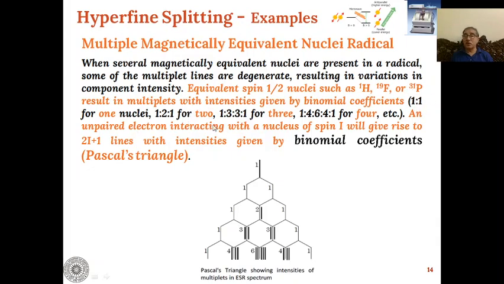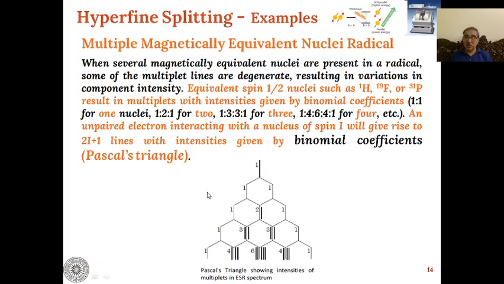So therefore, n is equal to 6, I is 1/2, so 2 into 6 into 1/2, 6 plus 1, so there will be 7 lines in the ESR spectrum of benzene radical anion, and the relative intensity of these 7 lines will be 1:6:15:20:15:6:1.